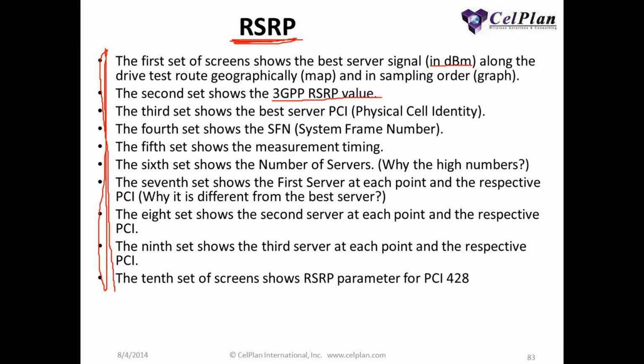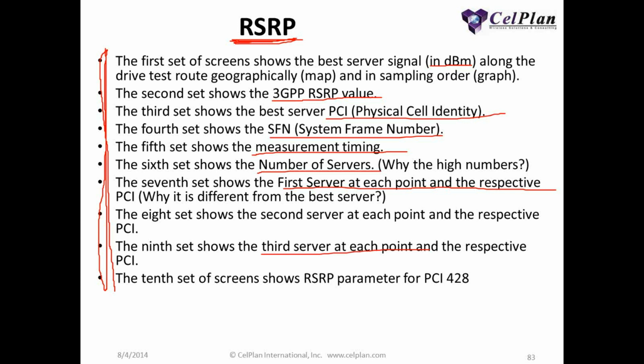The third shows the PCI of the best server. The fourth, the SFN number. The fifth, the time when it was measured. The sixth, the number of servers. The seventh shows the first server at each point. The eighth shows the second server at each point. And the ninth shows the third server at each point.